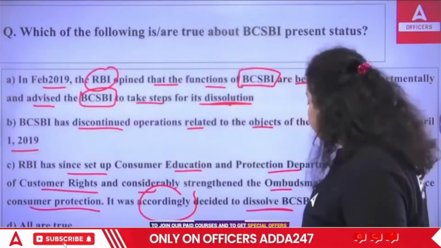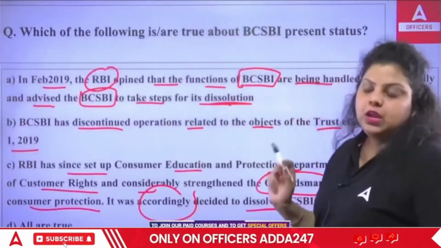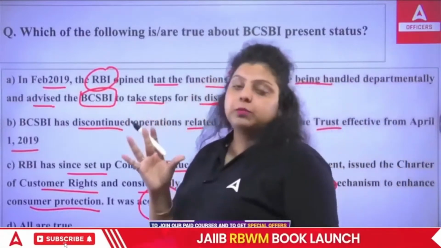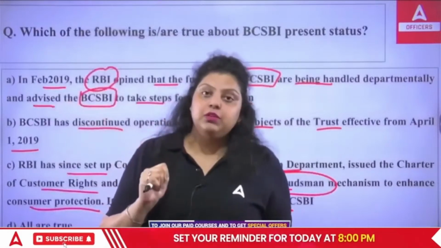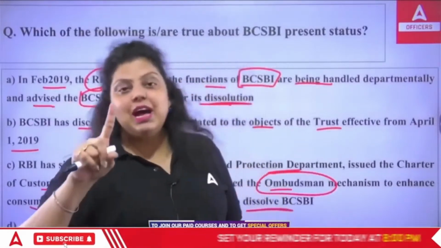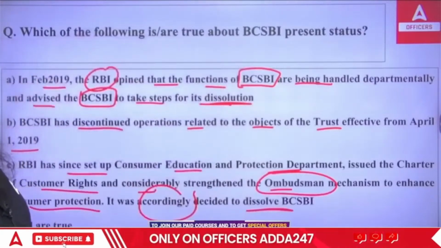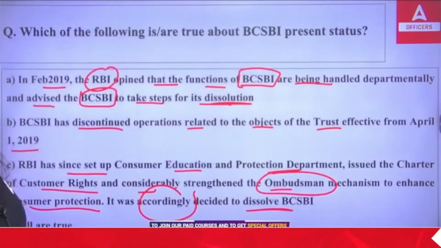For that you have to make the ombudsman strong, and that's what RBI did by merging three ombudsman schemes: the banking ombudsman scheme, the ombudsman scheme for NBFC, and the ombudsman scheme for digital transactions. All these three have been merged and a single scheme has been introduced that is named the Integrated Ombudsman Scheme.